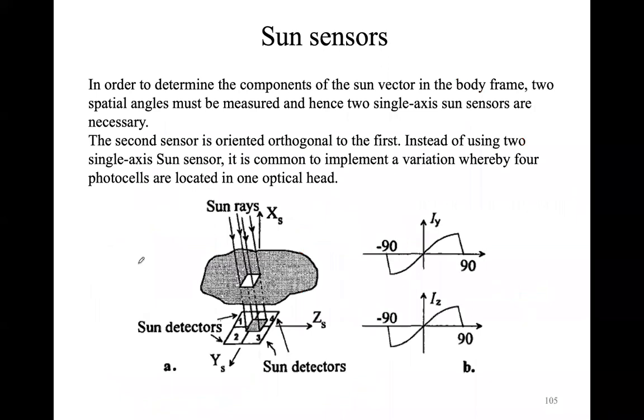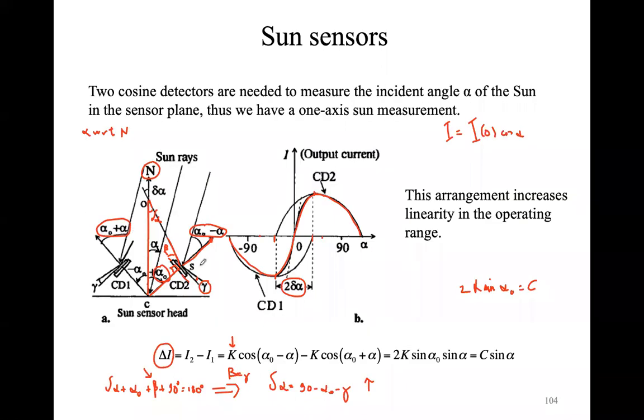To conclude this part, we can see indeed that these sensors are still not enough, because although this configuration gives you the inclination of the angle alpha with respect to a normal vector of the sun sensor head, you only have partial information, you don't have complete information of the sun position.